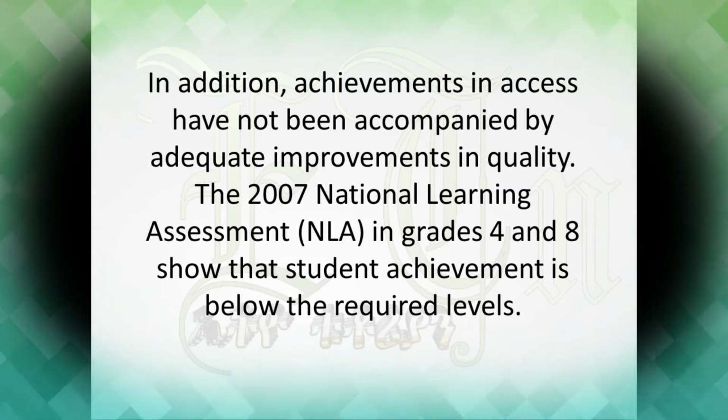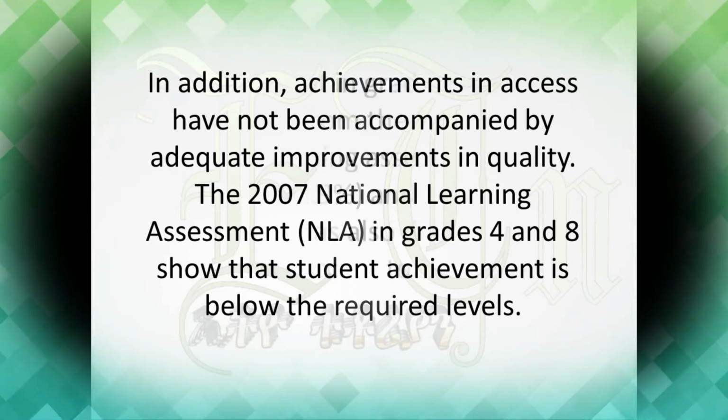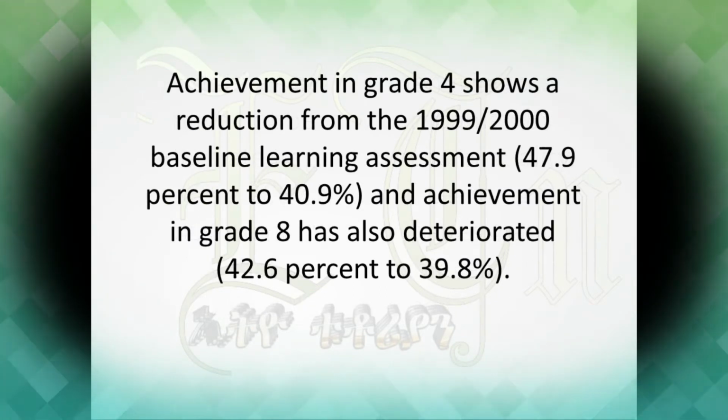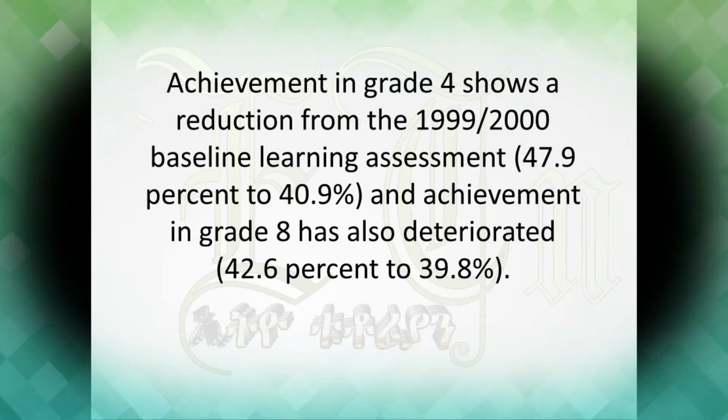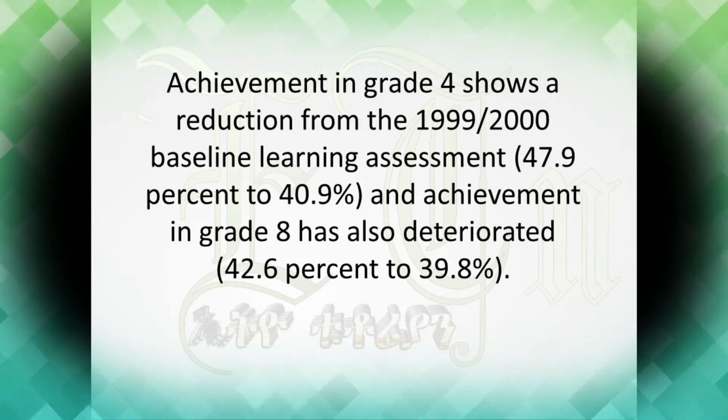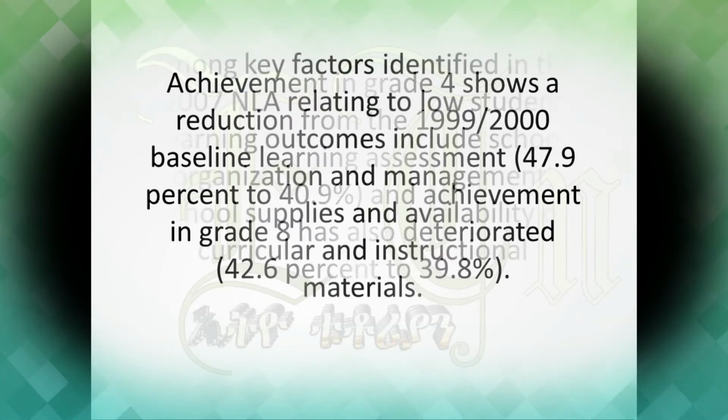The 2007 National Learning Assessment, NLA, in grades 4 and 8 show that student achievement is below the required levels. Achievement in grade 4 shows a reduction from the 1999/2000 baseline learning assessment, 47.9% to 40.9%, and achievement in grade 8 has also deteriorated, 42.6% to 39.8%.